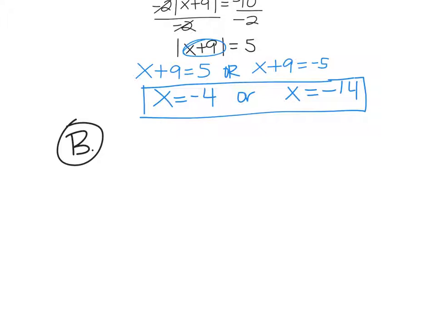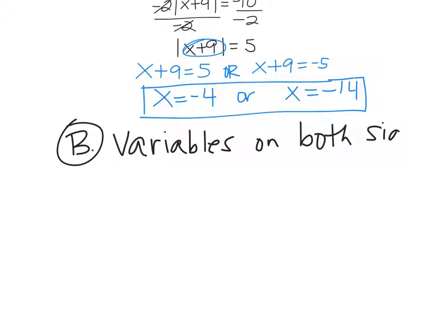All right, part B. Now, these ones are a little bit tougher, okay? These are the ones where you're going to have variables on both sides. So if you have something like, this is just a quick little, it's not even an example, the absolute value of x equals x.